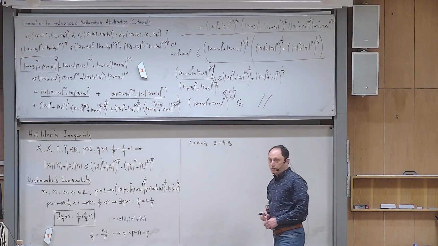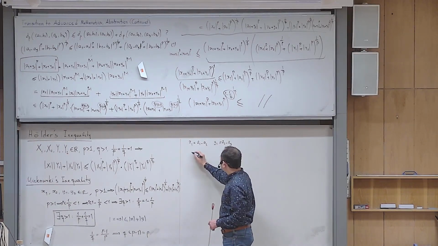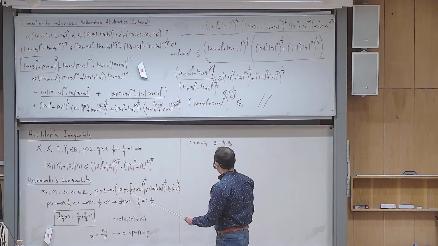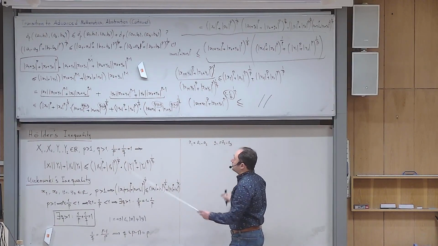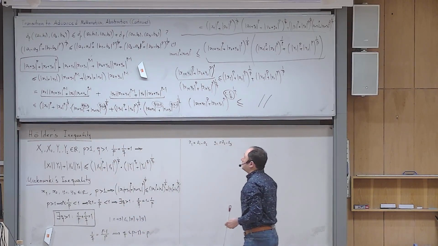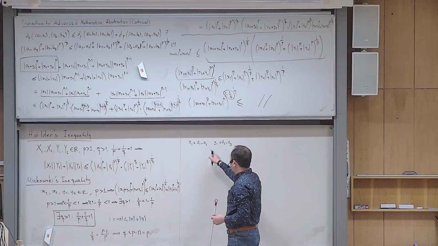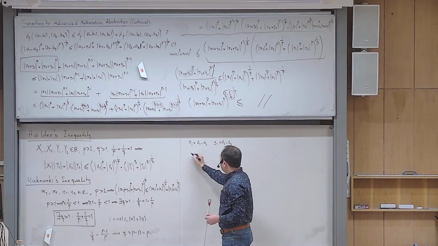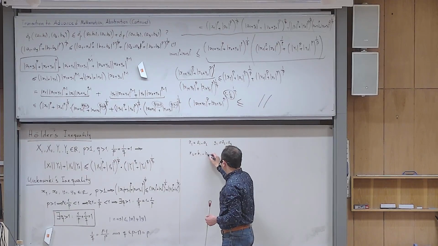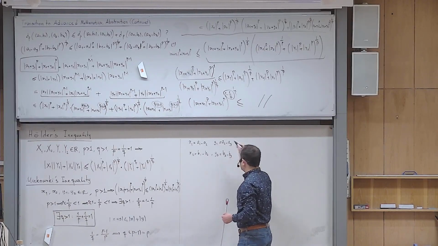If I introduce x1 like this and y1 like this, then when I add them, this becomes a1 minus a3, which is exactly the combination that I need. Yes? So this is what we do. x1 is this, y1 is that, and then x2 is what? b1 minus b2, and y2 is b2 minus b3.